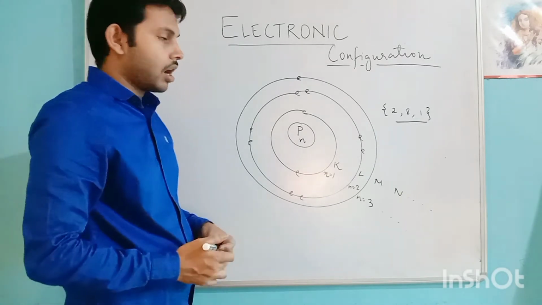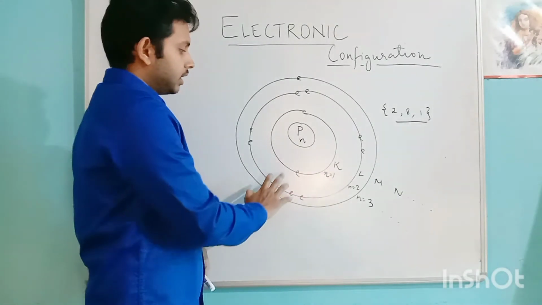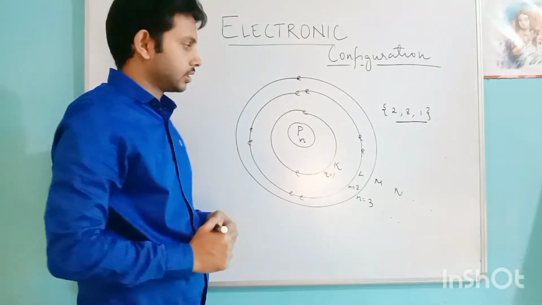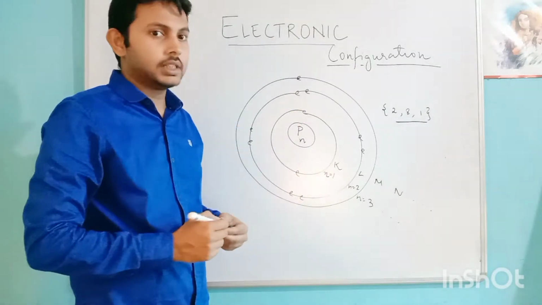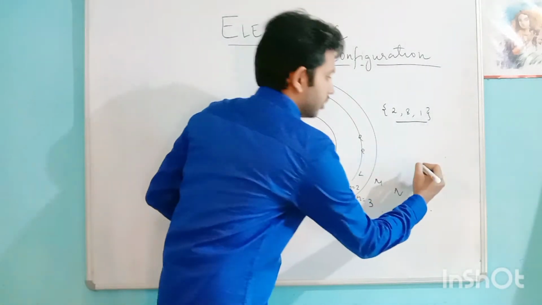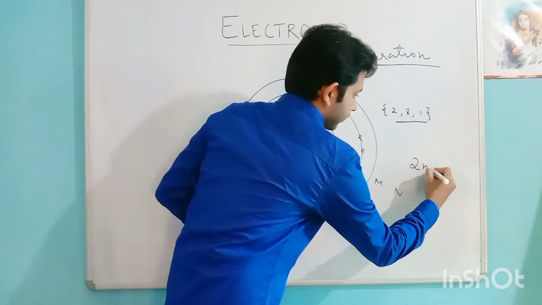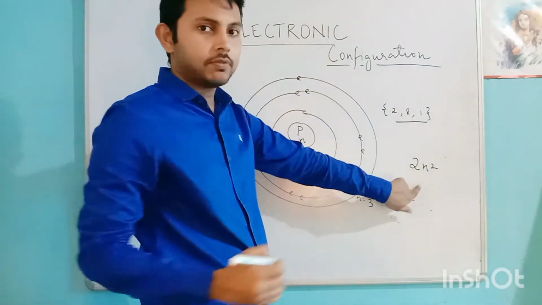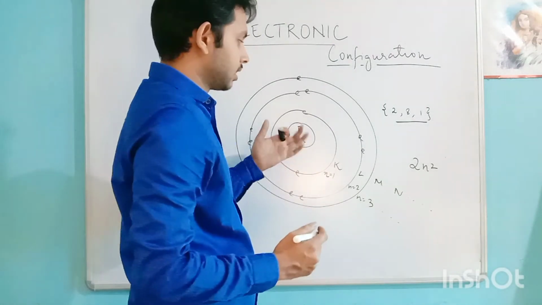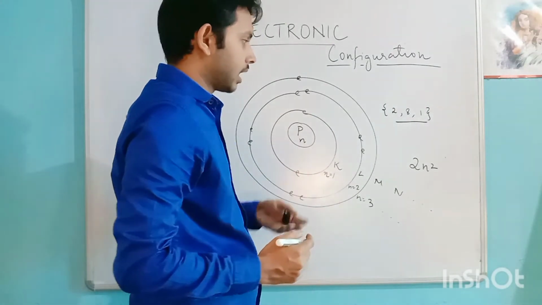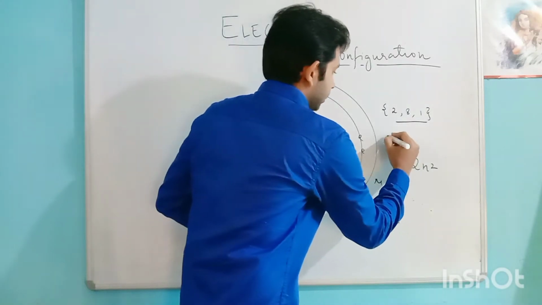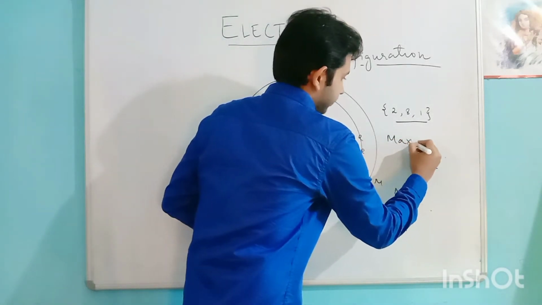Now, how to know how many electrons a cell can contain? The maximum number of electrons in a cell. So there is a formula which is 2n squared. By this formula we can calculate how many electrons each cell can contain, the maximum number of electrons that can be present in a cell.